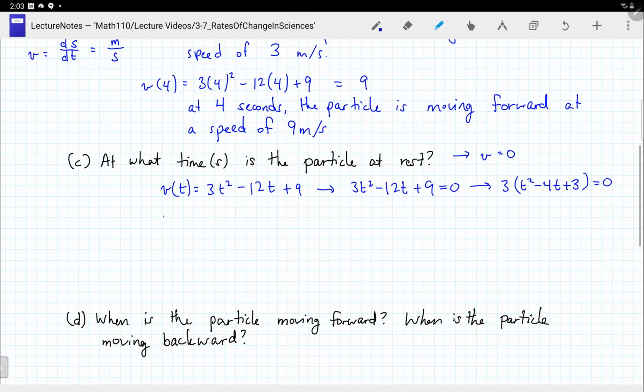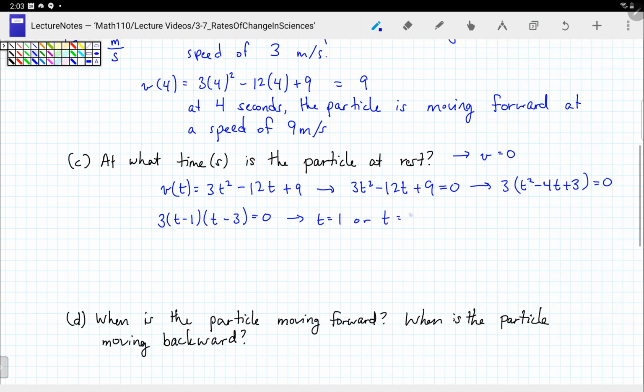So we have 3 times t minus 1 times t minus 3 equals 0. That tells us that t equals 1 or t equals 3. So that tells us that the particle is at rest at 1 second and at 3 seconds.